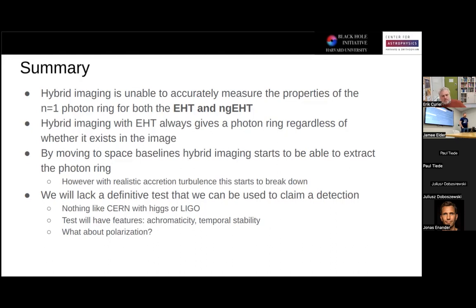So I wanted to push back a little bit on the idea that a detection needs to not be making assumptions. Because if you're comparing it to something like LIGO, where they are using templates in order to make the detection, obviously there's a lot of assumption being built in there. And so it seems like some of the other things that you were saying about criteria for detection are more important, like whether you've ruled out false positives, for example.